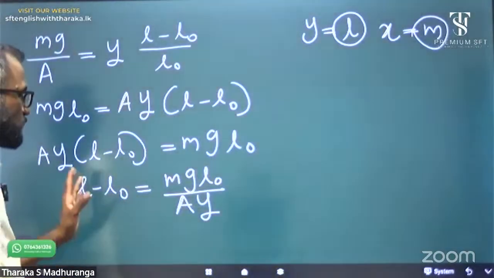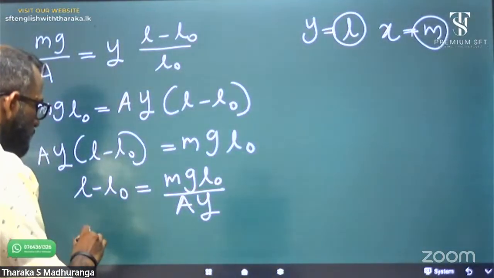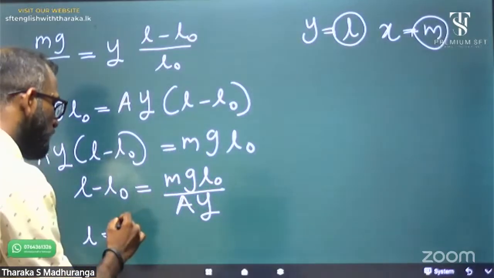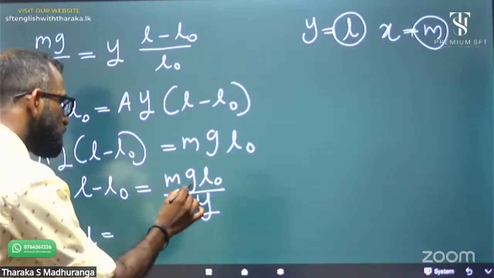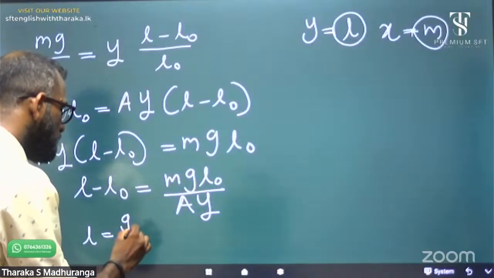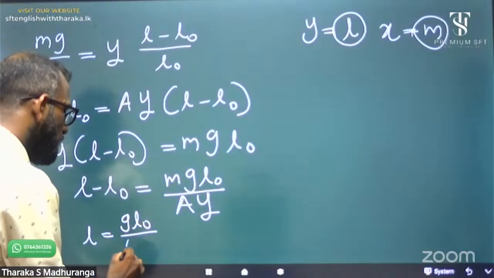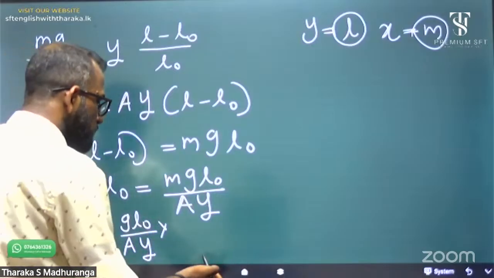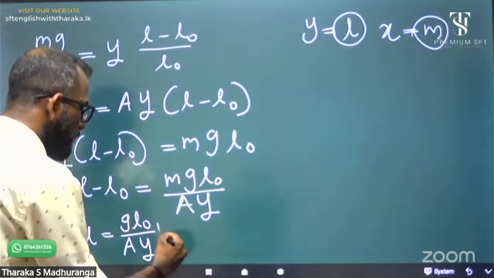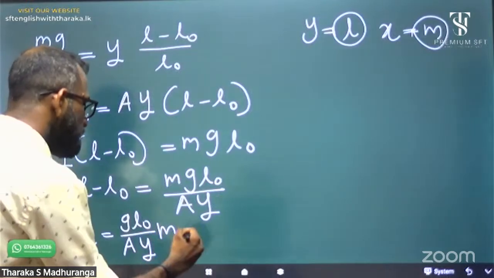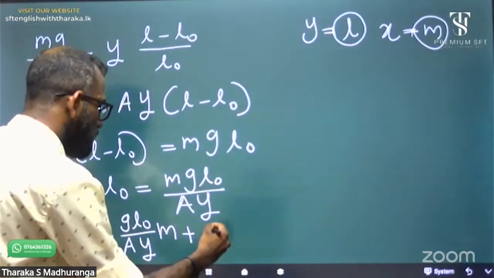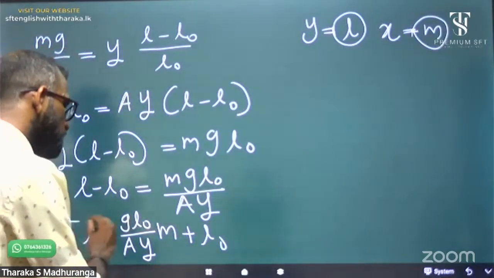Now I want to isolate L, then L equal, it converts to plus, g L naught divided by A Young's modulus multiplied by m plus L naught. Okay, this is the final equation.